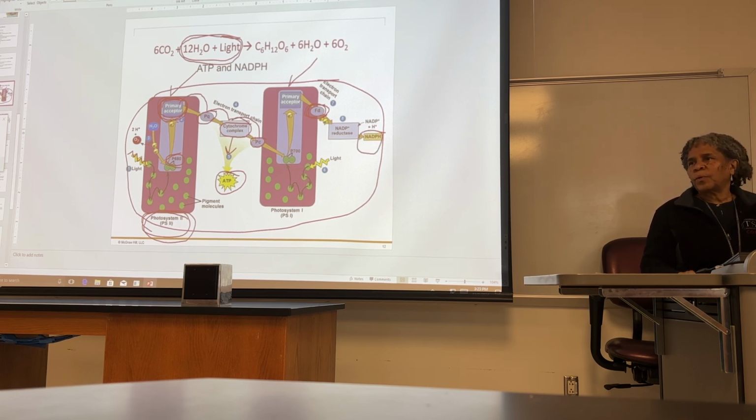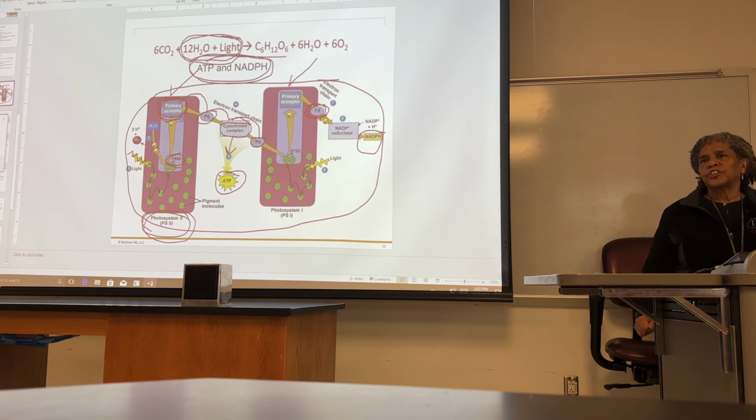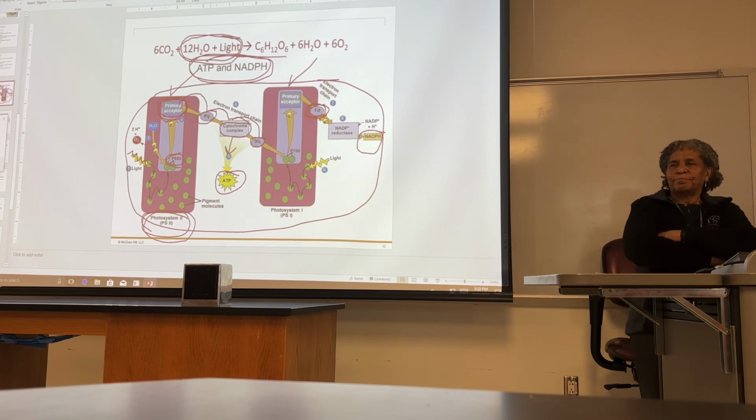So here's the point I want to make about this, because I didn't mean to go through all of this. For this process, you have ATP and NADPH generated. That's what I want you to know.